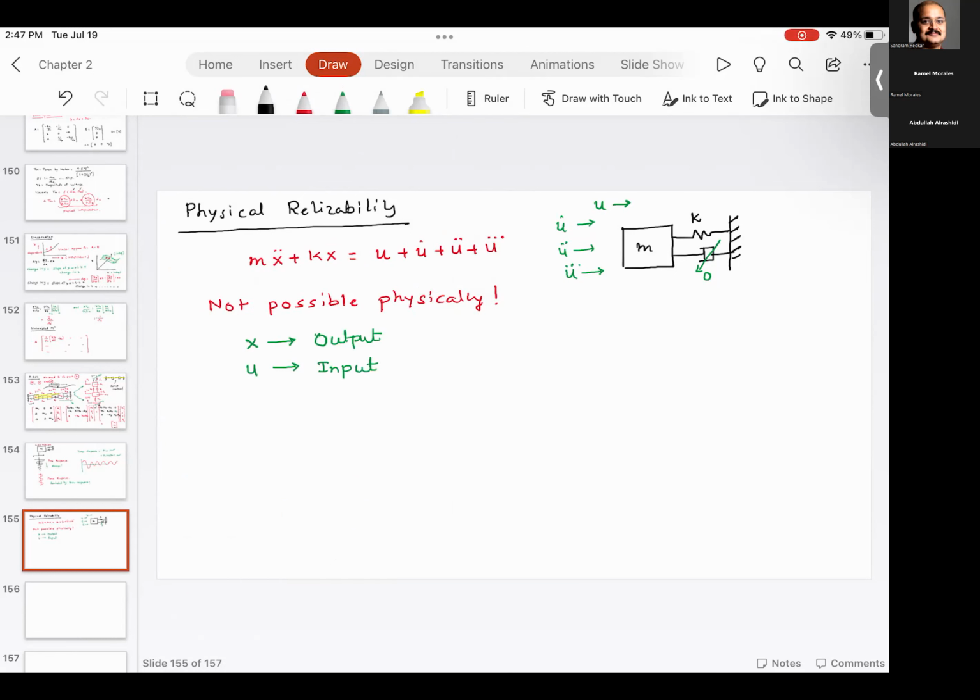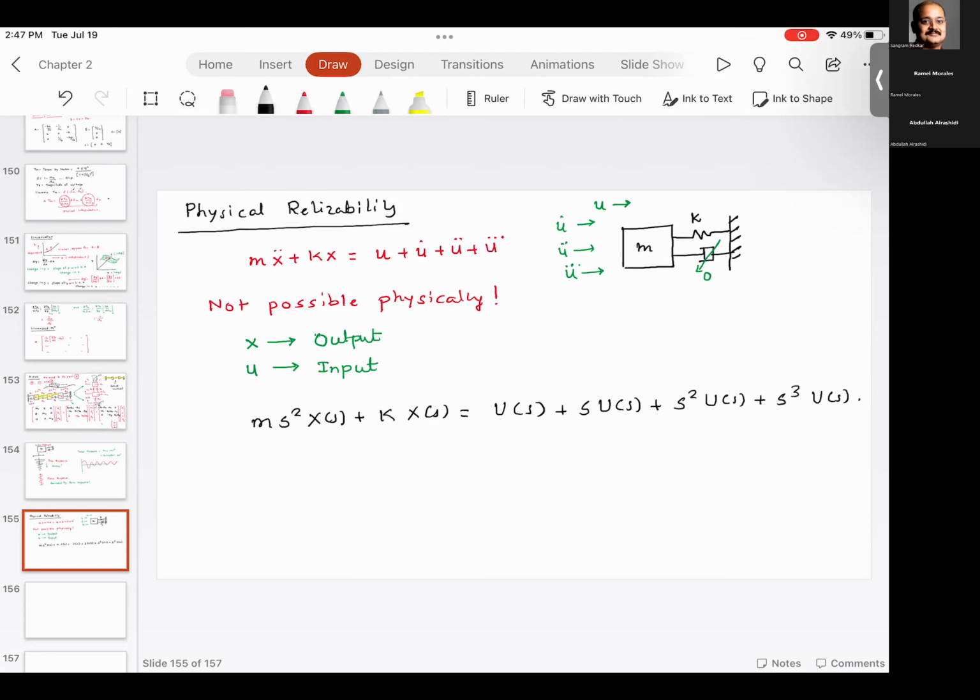If I take the Laplace transform on both sides, this would look something like this. Derivative is replaced by s multiplied by the function, s square multiplied by the function, plus s cube multiplied by the function.